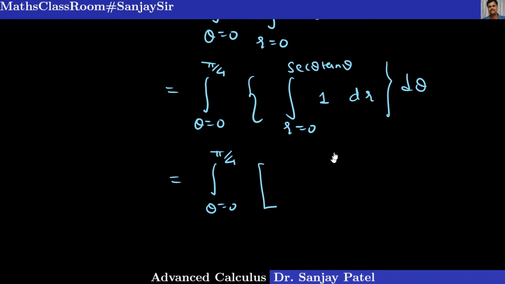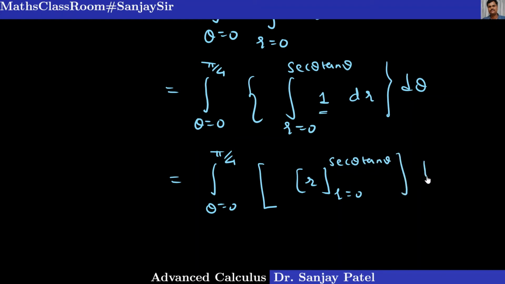and then integral of 1 is, sorry, it is not theta because we are integrating with respect to r. So the integral of 1 with respect to r is simply r. And the limits of integration are 0 and sec theta into tan theta.